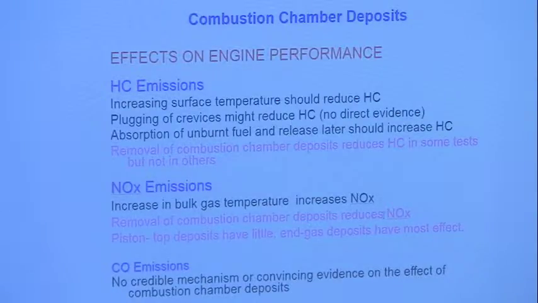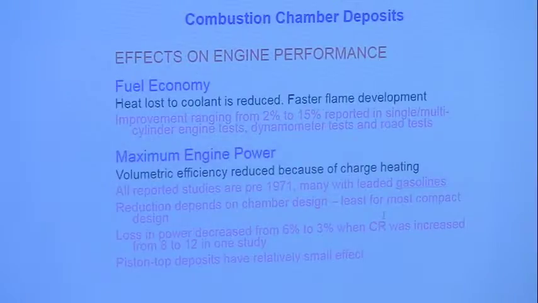As far as carbon monoxide emissions, there are no credible mechanisms or convincing evidence that combustion chamber deposits have any effect. As I said, they have real benefit on fuel economy. This has been shown in multiple tests, with improvement ranging from 2 to 15%.